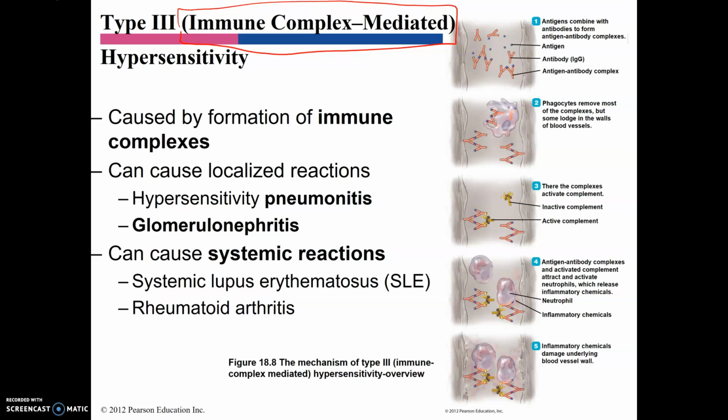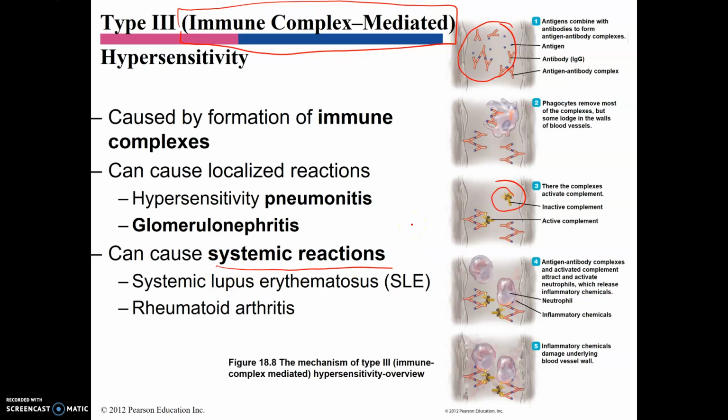You make antibodies to these antigens and they bind and form these little complexes that are fairly large on a molecular level, and they can get lodged in things like your capillary beds, and phagocytes can come and start to clear them up. But the ones that the phagocytes miss can activate complement, and that can do some damage to the tissues inside your capillary beds and inside some of your organs. And so they cause systemic reactions.